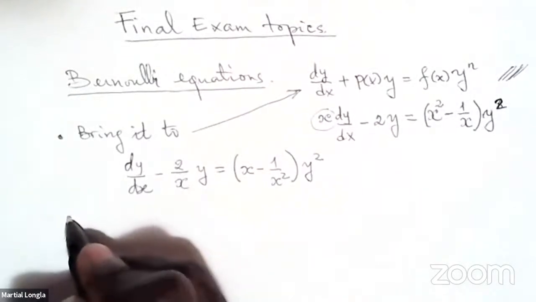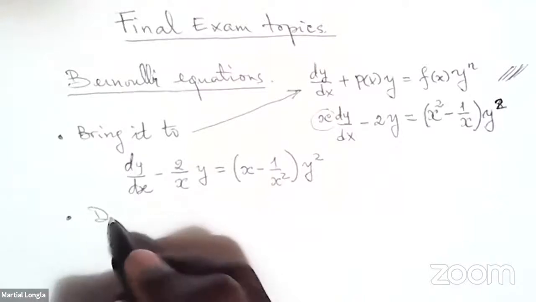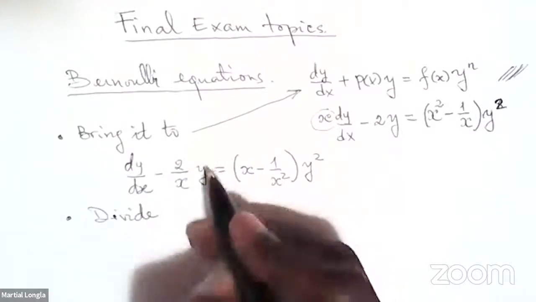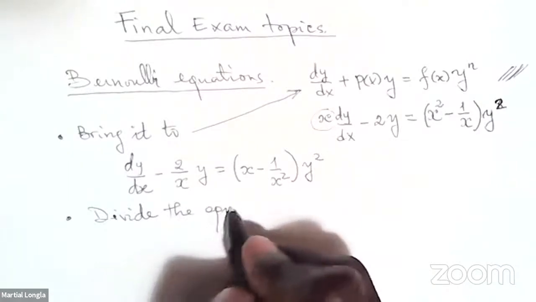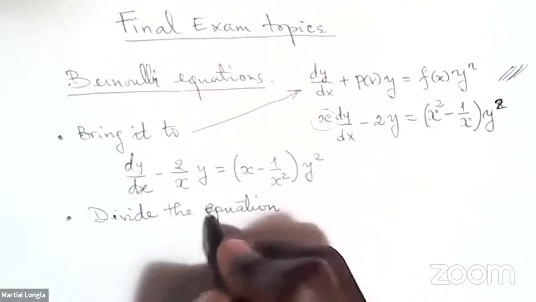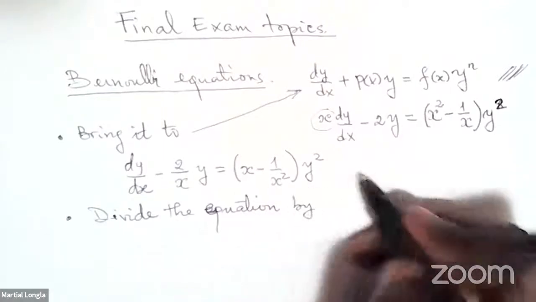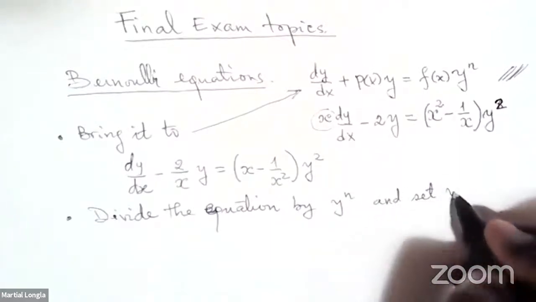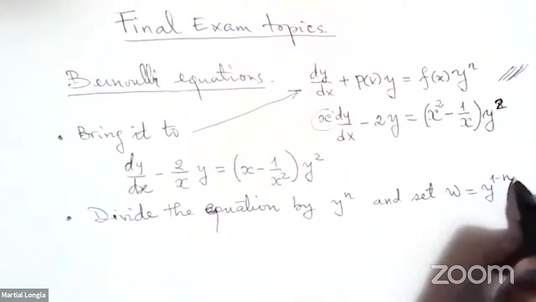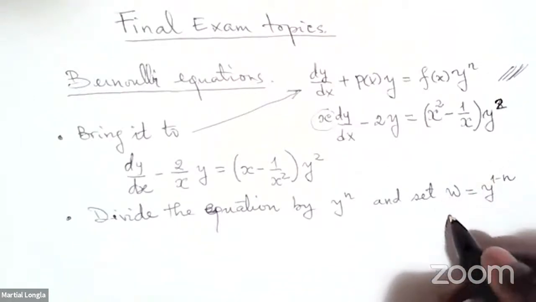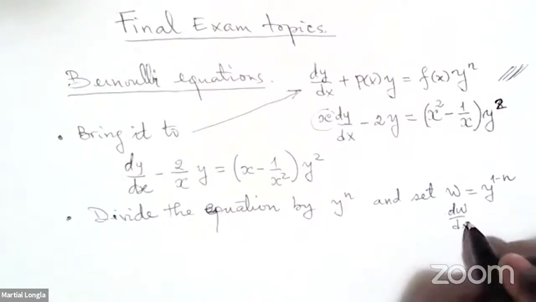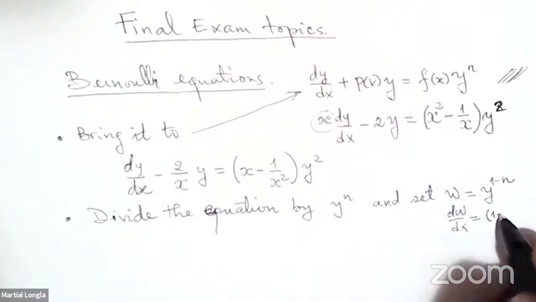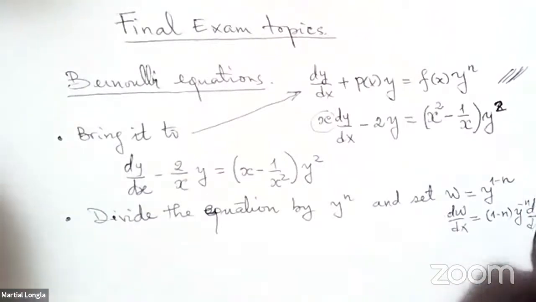The next thing to do is divide the entire equation by y to the power n and set w equals y to the power 1 minus n, and find dw/dx = (1 - n) y^(-n) dy/dx.